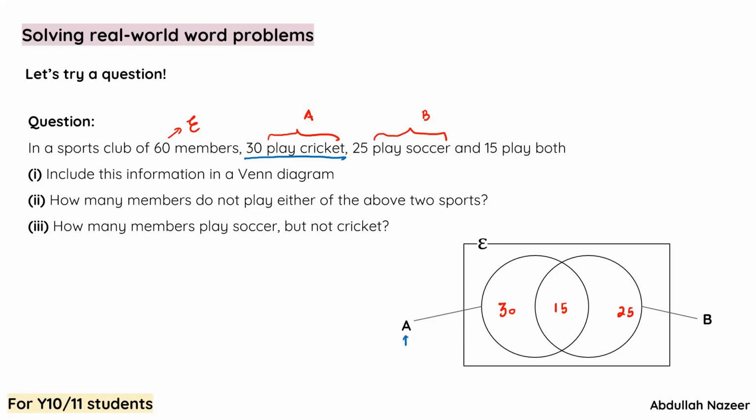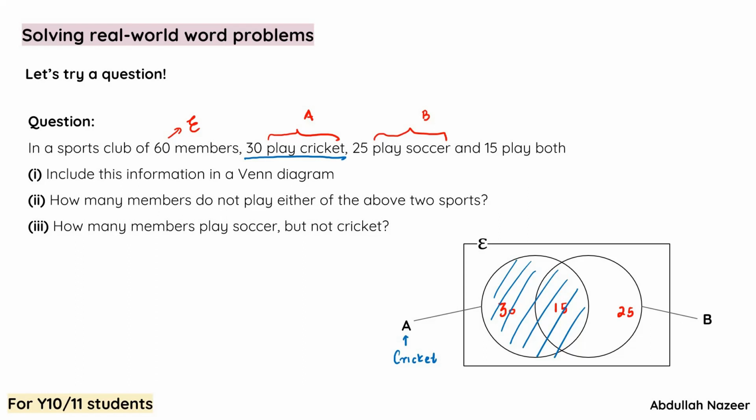Well, when they say 30 play cricket, the set that belongs to cricket is set A. So set A holds everyone who plays cricket, which means that number is a total of everything that we have within this circle. According to the information that we've given here in the diagram, we are trying to say that the total number of people who are playing cricket is 30 plus 15, which is 45, which again is wrong information.